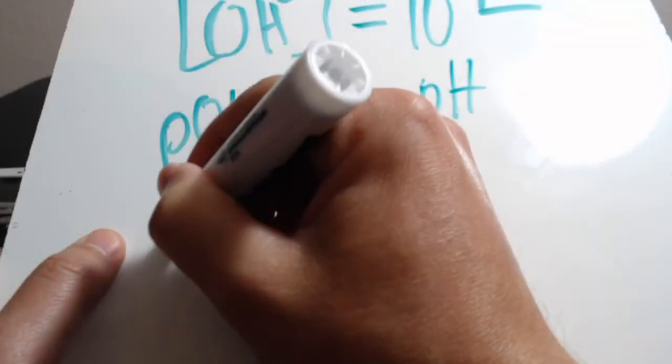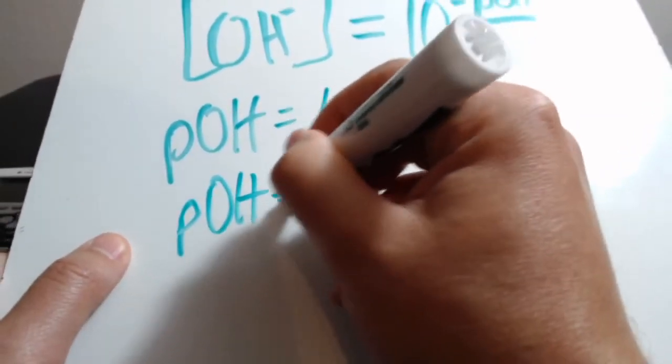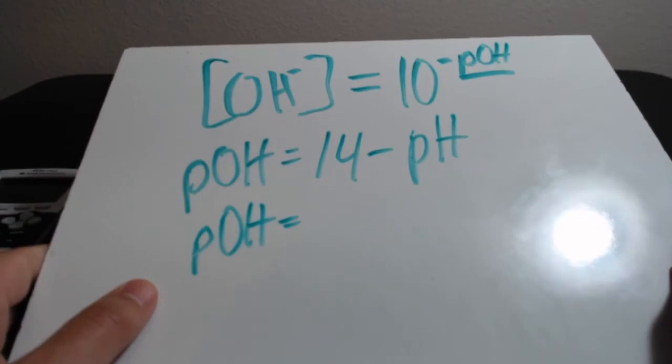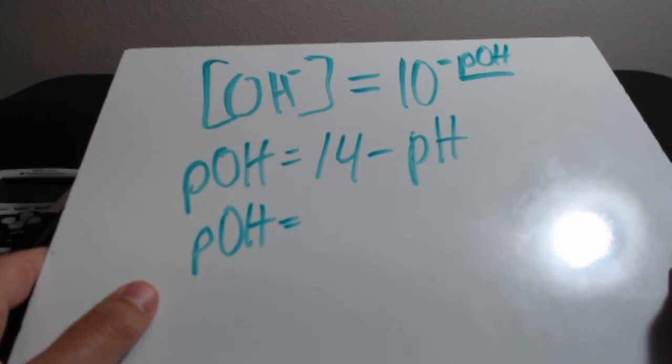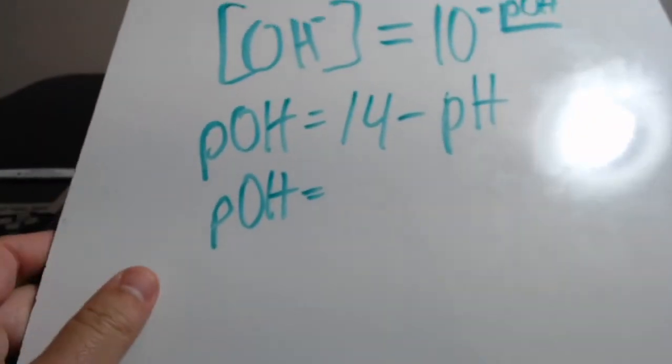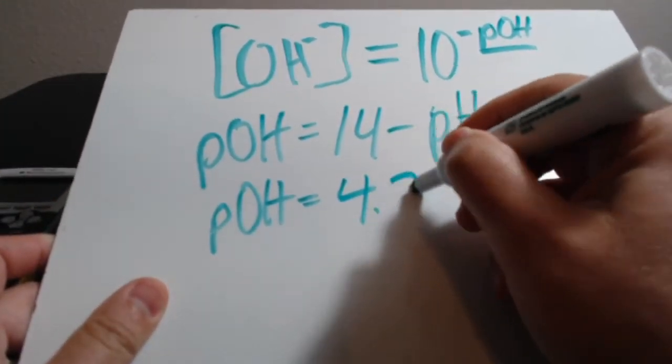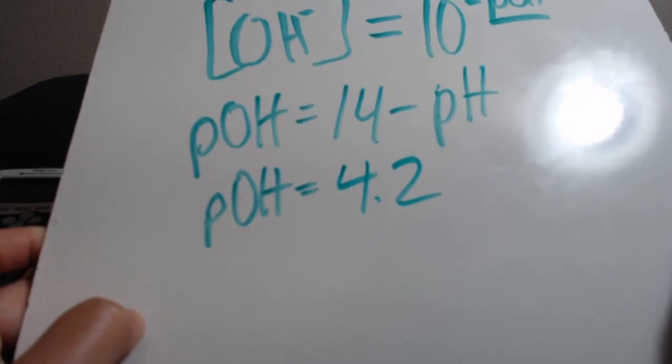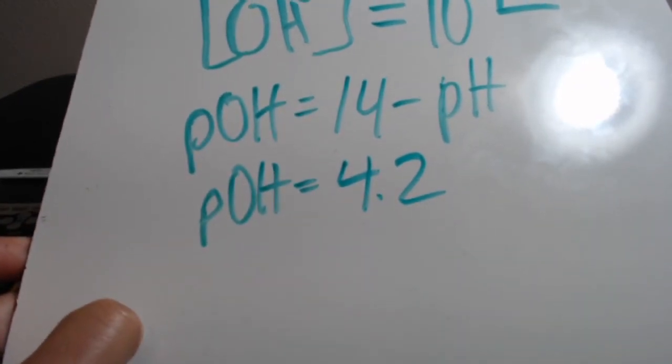So in this case, pOH is 14 minus 9.8. 14 minus 9.8, anybody? Was that 4.2? Let me just double check. Yeah. Alright, it's that simple.